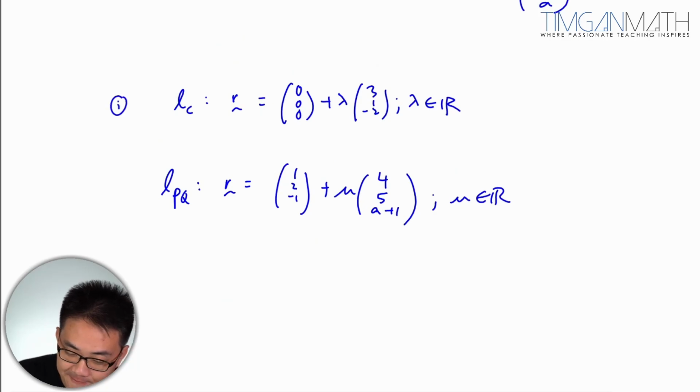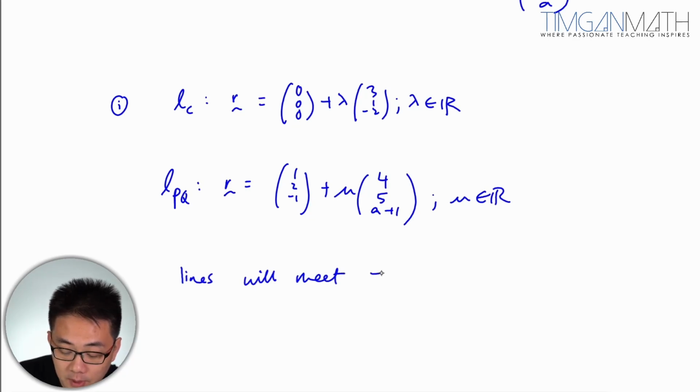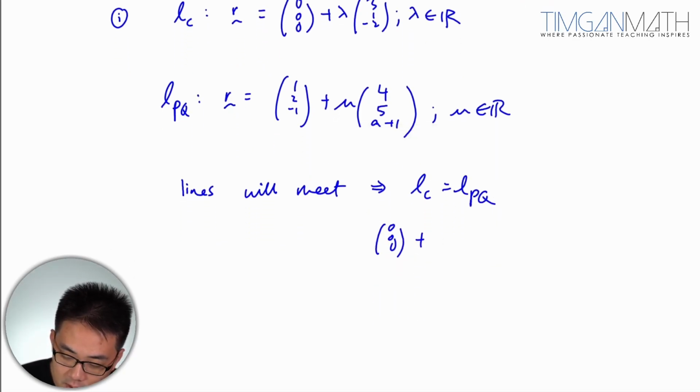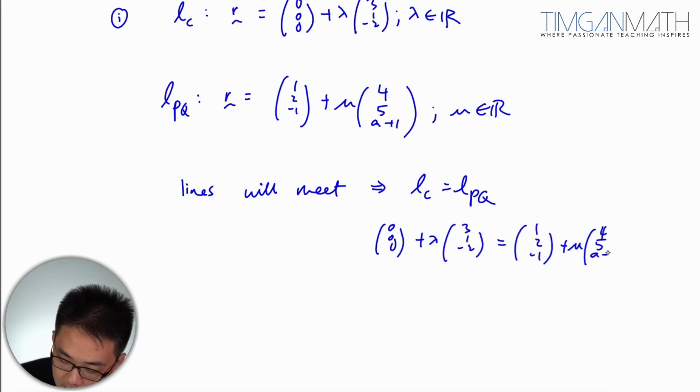For the first part, the lines will meet, meaning there will be a unique solution, right? So line C equals line PQ. In this case, we have 0, 0, 0, which is redundant. Actually, I could just write this as lambda times 3, 1, minus 2 equals 1, 2, minus 1 plus mu times 4, 5, A plus 1.